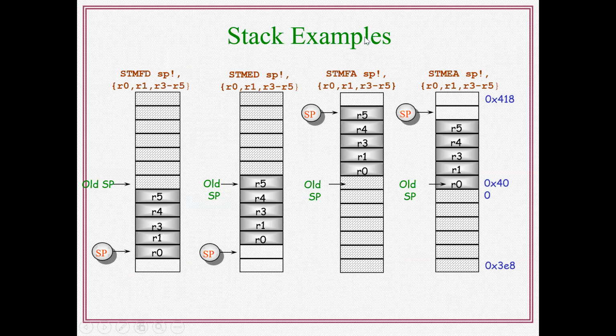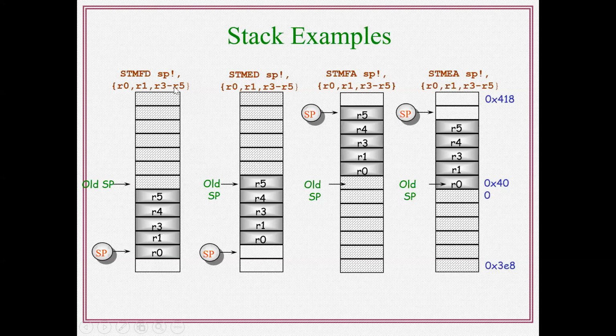So here are the examples. First one is store multiple full descending. Here SP is updated by default. R0, R1, R3 to R5. SP points to R0 because it is a full descending stack. Assume that here it is the old SP.